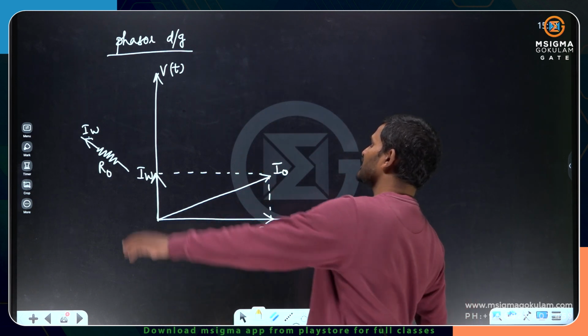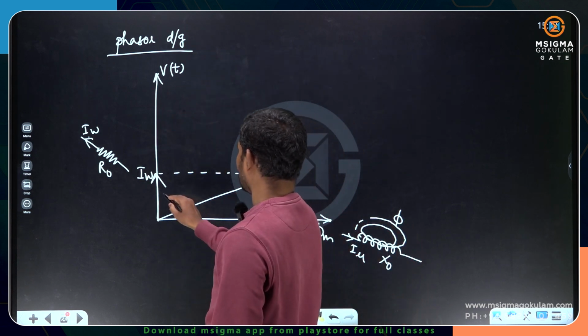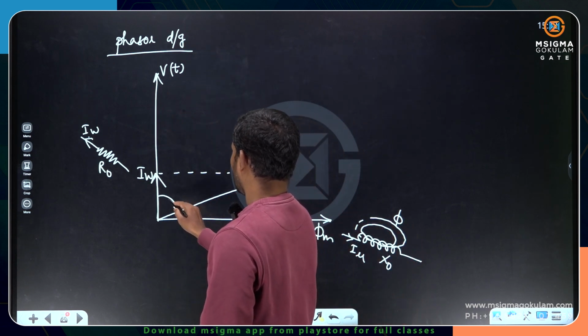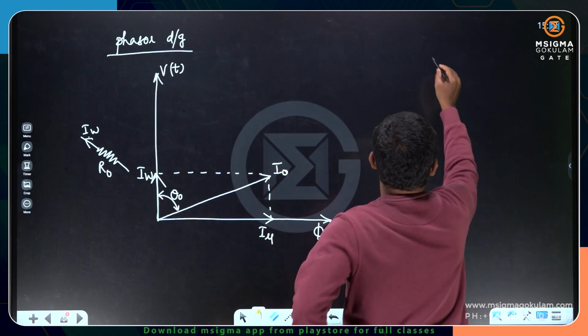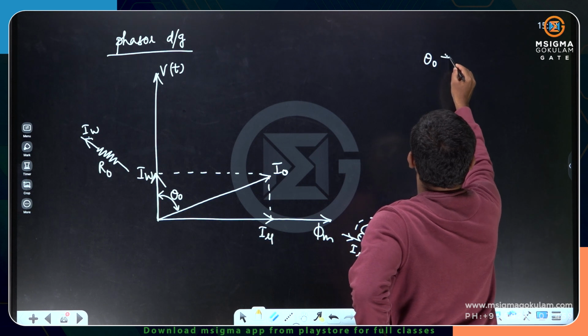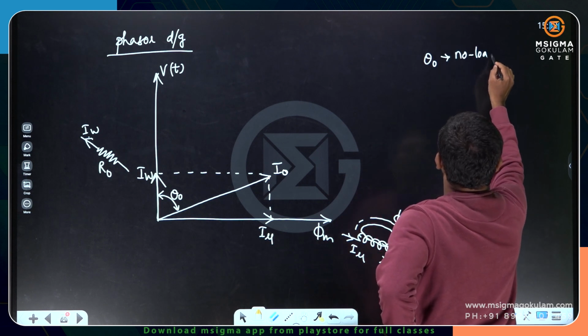The angle between supply voltage and no load current is theta naught. Generally, theta naught is the no load power factor angle.